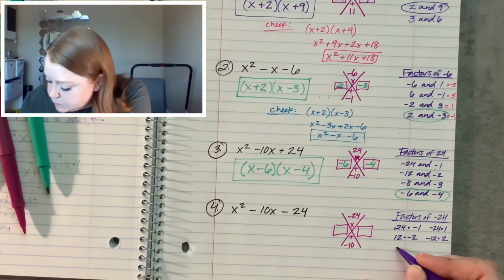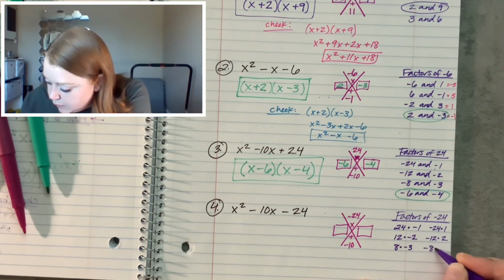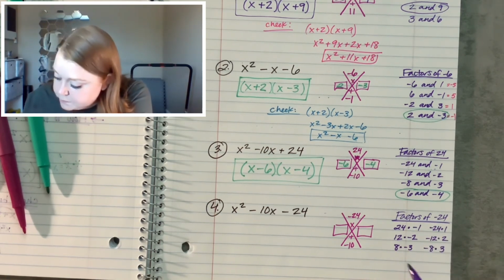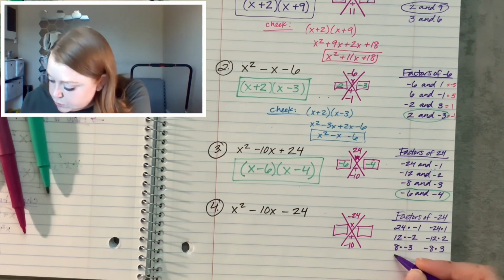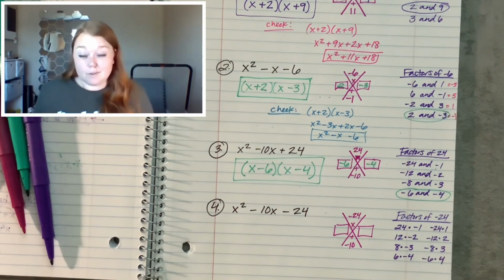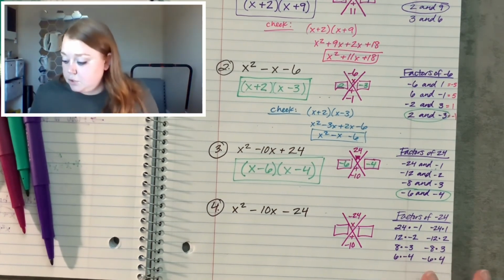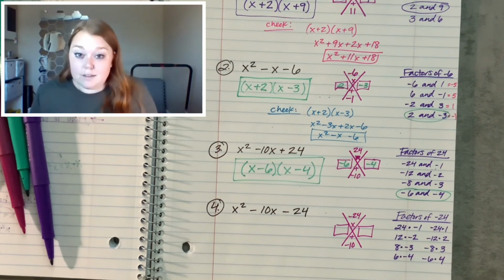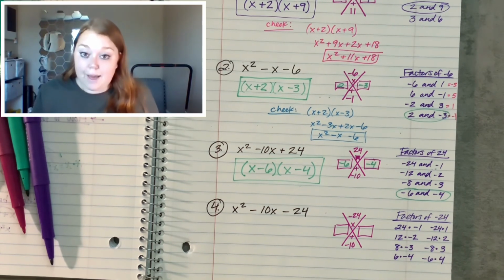I can do 8 with negative 3 or negative 8 with positive 3. I can do 6 with negative 4 or negative 6 with positive 4. So you have a lot of different combinations to choose from. You're trying to see which ones of those end up being negative 10 when you add them.